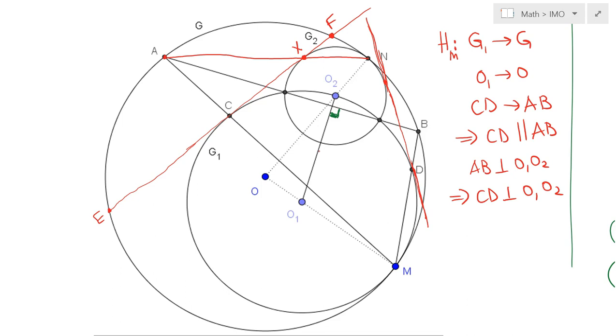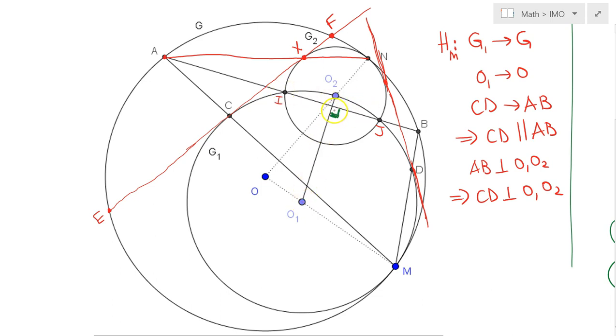And finally, you can clearly see that O2 is the midpoint of this arc. Let's call these points I and J. Obviously, O2 is the midpoint of arc IJ, because if you consider circle G1, IJ is a chord of this circle, and I'm connecting O1 to that chord.